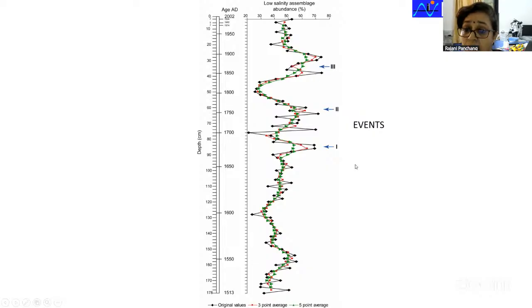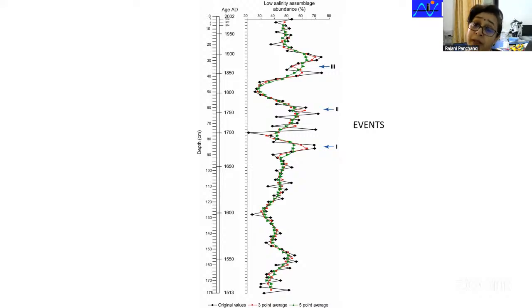And what I saw is, at these 3 points, I got 3 major peaks of Astrorhynchia trispinosa. What does high abundance of Astrorhynchia trispinosa say? That whenever there are high abundances, there is low salinity. Now this is in the ocean. In the ocean, salinity is reducing. When will the salinity reduce? When the river is stronger.